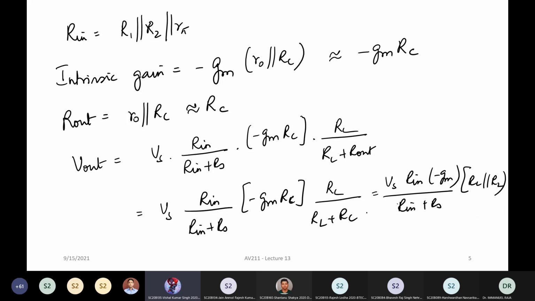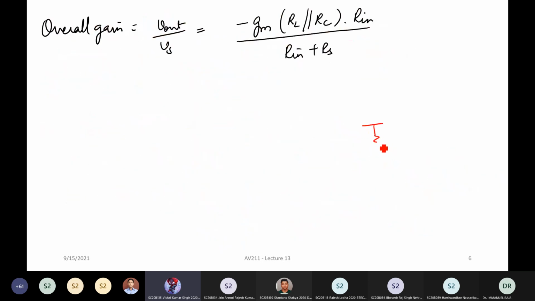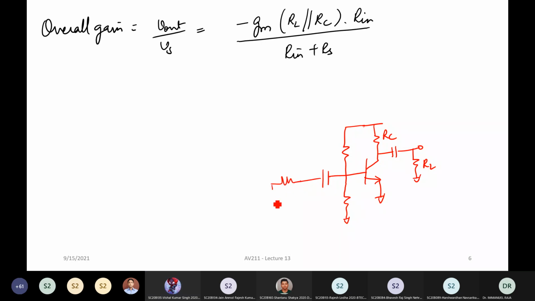And sir, this intrinsic gain is only for the amplifier. The overall gain for the whole circuit will be different. Yes, overall gain I'm defined. So the intrinsic gain is basically, so let me just draw this. So this is Vs, this is Rs, right? Let's say C1, C2, R1, R2.